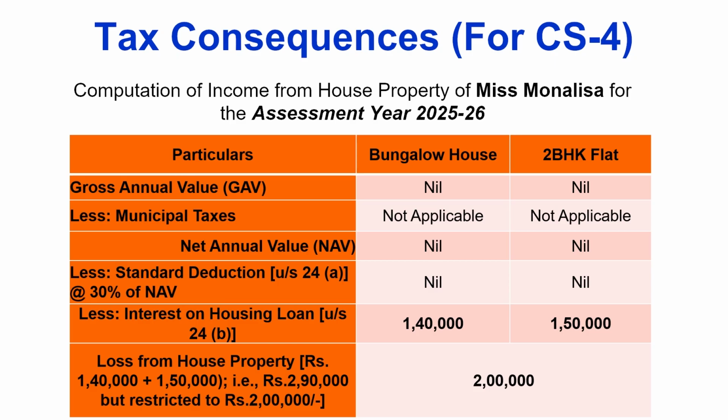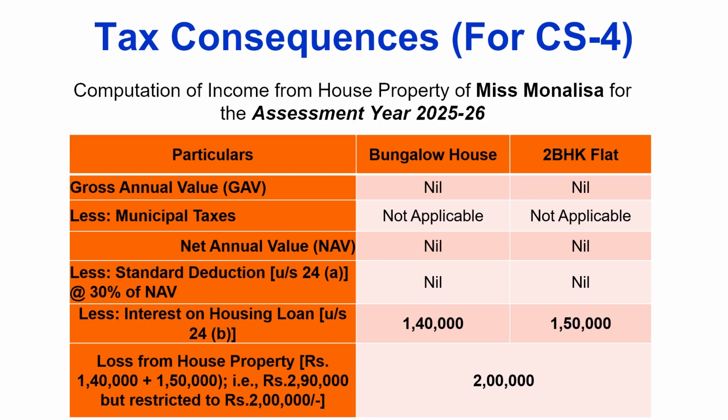deduction under section 24(b), that is interest on housing loan for the bungalow house, that is 1,40,000, and for the flat, that is 1,50,000, as given in the case study.